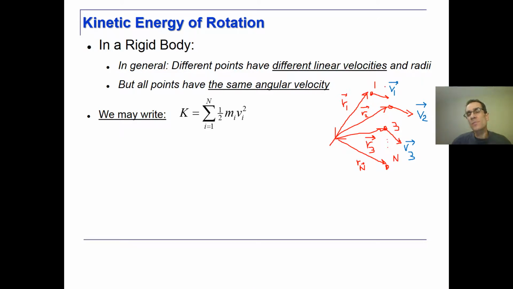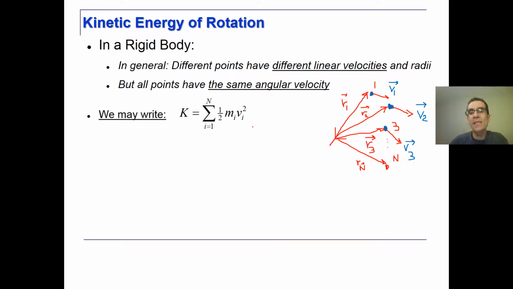Each of these particles has mass. Here's particle 1, with mass m1. Here's particle 2, with mass m2. Here's particle 3, with mass m3. You know that I can write something called the linear momentum of the system.